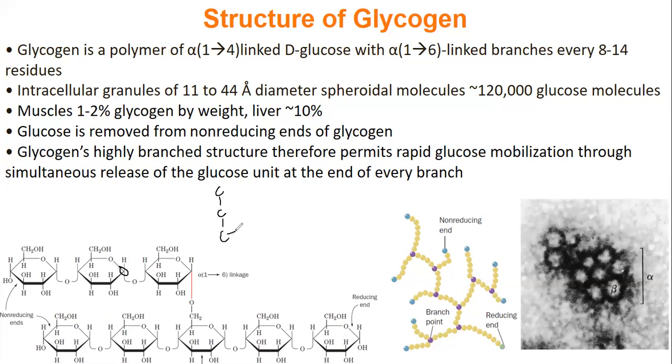In our cyclization reaction, I'm going to do it very simple. It's the carbon that gets attacked to form our ring structure. So in this very simple cartoon, that was our anomeric carbon.